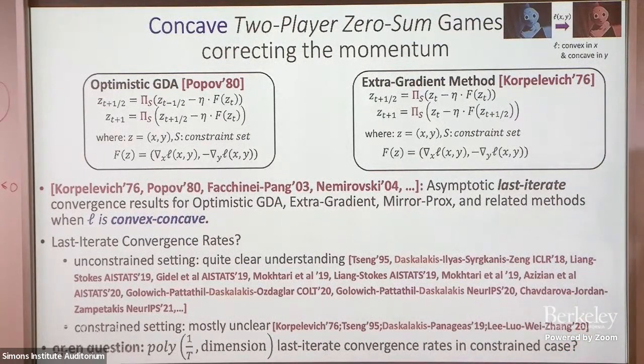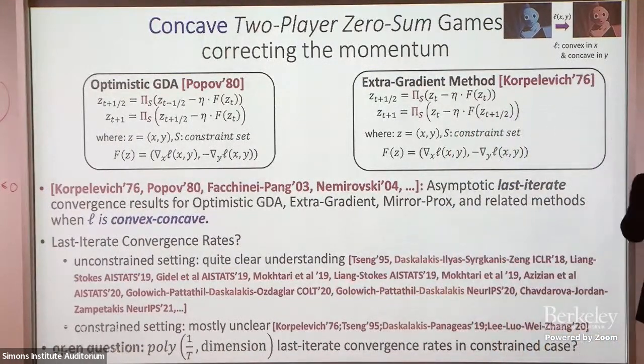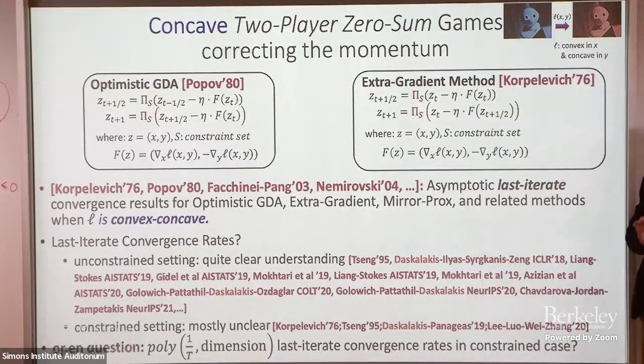Another thing we know, and I think this was shown in this paper and that paper, with Golowich, Pattathil, and Ozdaglar, is that the last iterate convergence rate for this method is going to be slower in terms of time compared to the average rates.